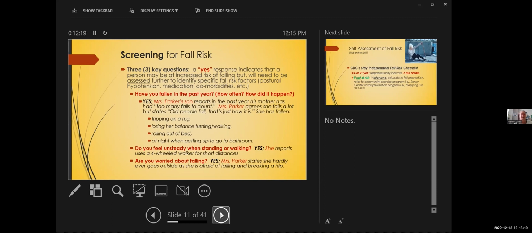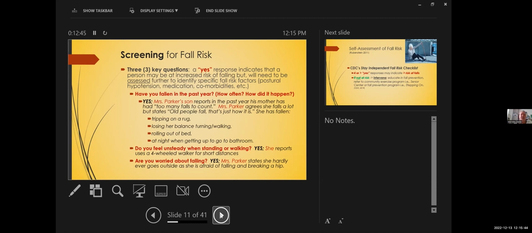The second question for screening is, do you feel unsteady when you're standing and walking? And Mrs. Parker reported yes. She reports that she mostly uses a 3-wheeled walker for short distances. She's not been going outside on her own too much, or uses a wheelchair for longer distances in her assisted care.